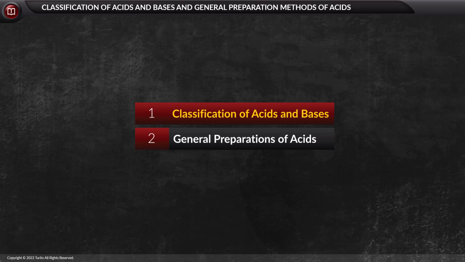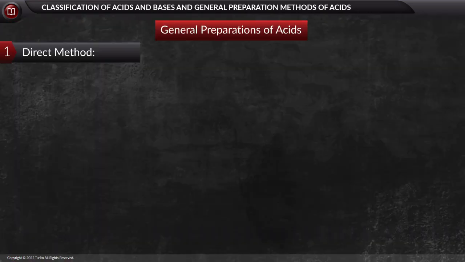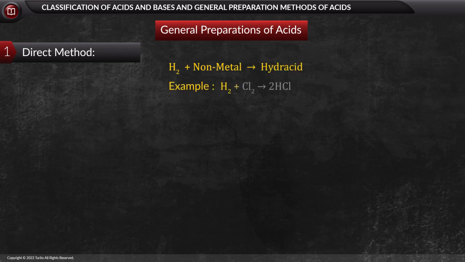After the discussion of classification, let us talk about different preparation methods of acid. The direct method. In this, hydrogen reacts with a nonmetal to form a hydracid, like hydrogen with chlorine gas.